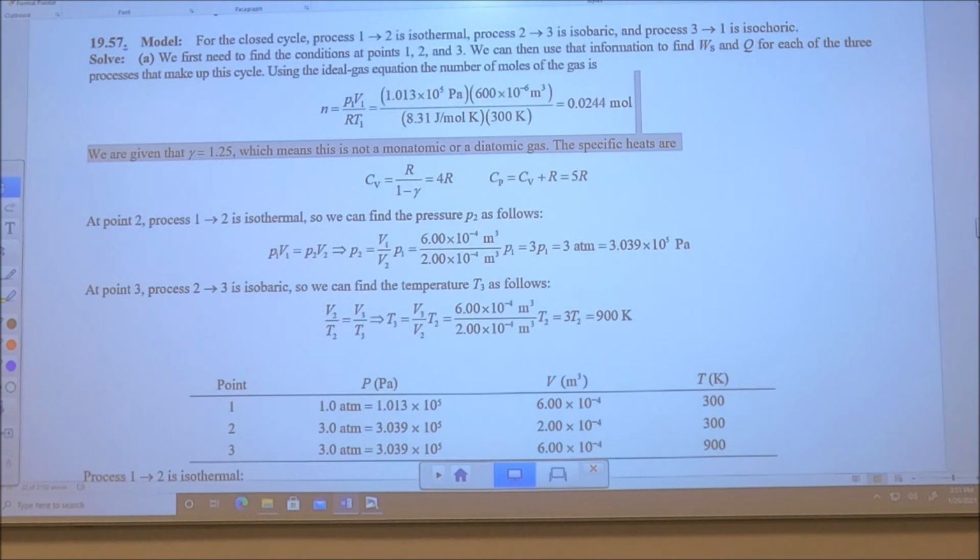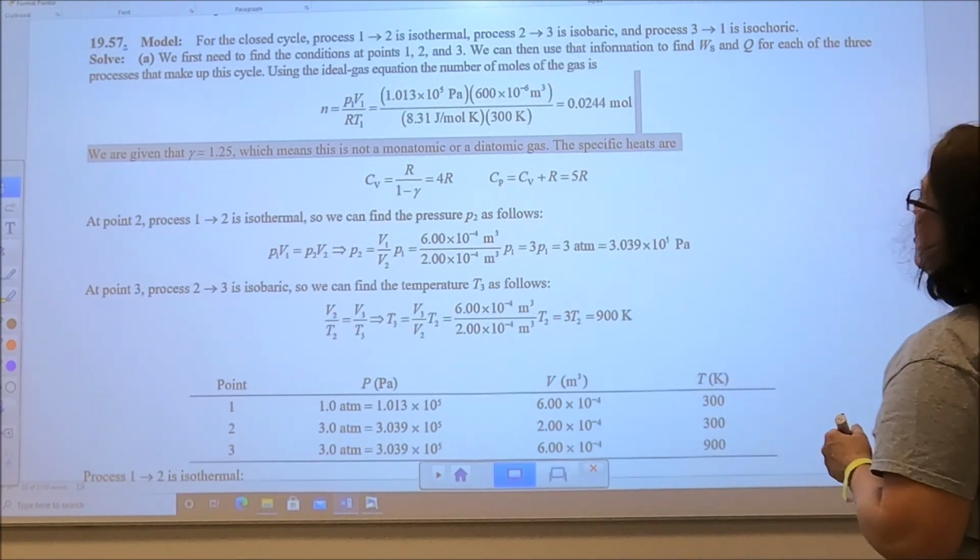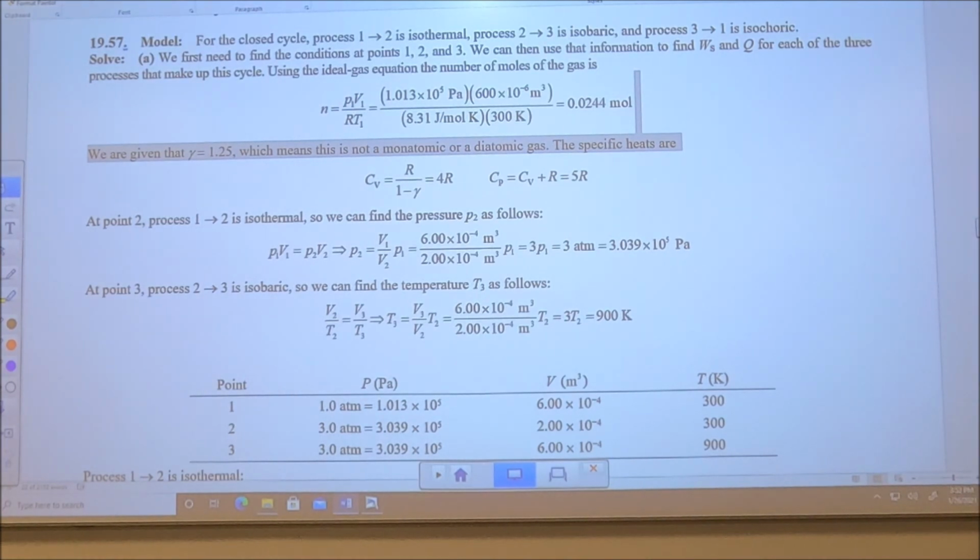Now, we've got a closed cycle process. 1 to 2 is isothermal, 2 to 3 is isobaric, 3 to 1 is isochoric. So we need to find the conditions at point 1, point 2, and point 3. At point 1, we can use PV = nRT to find n, the number of moles, to be 0.0244.